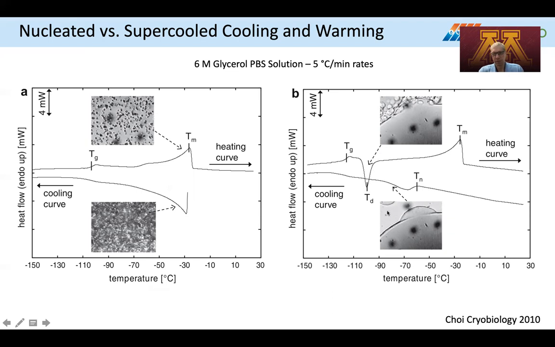If you see here, this liquid is supercooled, and it all turns into crystals as you devitrify, and then you melt. So the melt is going to be pretty much the same, and the glass transition will be similar, but the exotherm here due to latent heat is going to be quite varied depending on where you have nucleation and crystal growth.